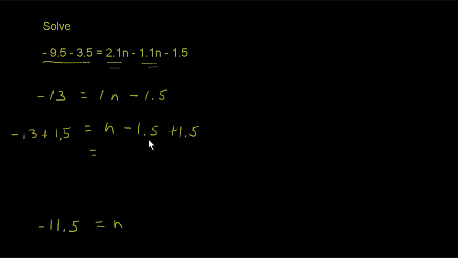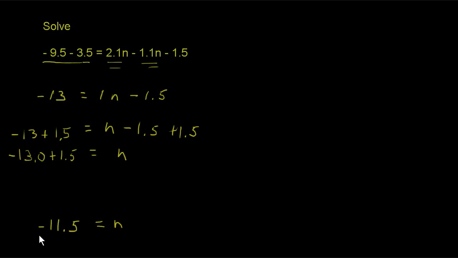All right. Subtract 1.5, add 1.5. Well, that gets rid of the 1.5s. They just cancel out. We just have an n over here. A negative 13 plus 1.5. We could write it as negative 13.0 plus 1.5, negative 13 minus 1 5/10.